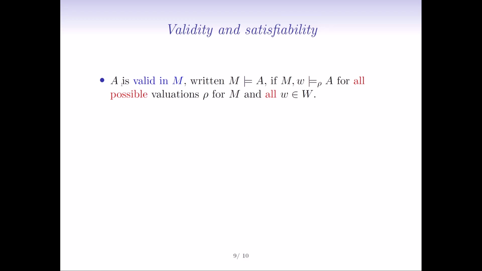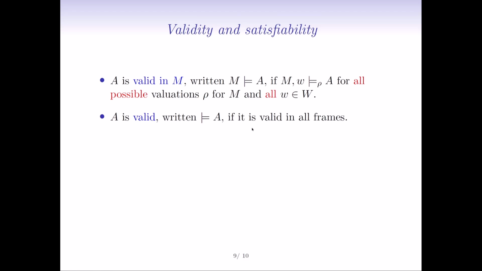So A is valid in the frame M, and if that's the case, we drop the valuation and the world, and it means that M, W, and rho satisfy A for all possible valuations for the frame and all possible choices of world W. So a formula is valid in a frame if it is true under every possible valuation and at all possible worlds in that frame.